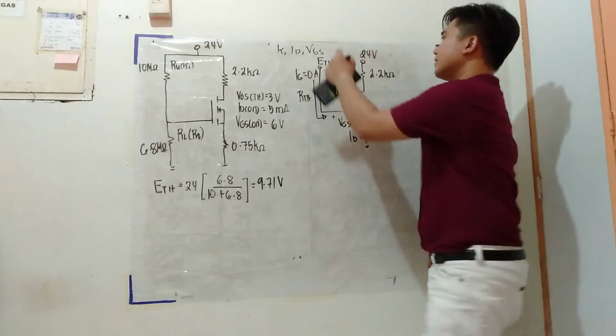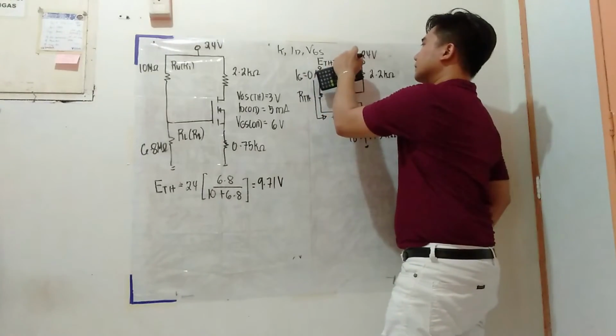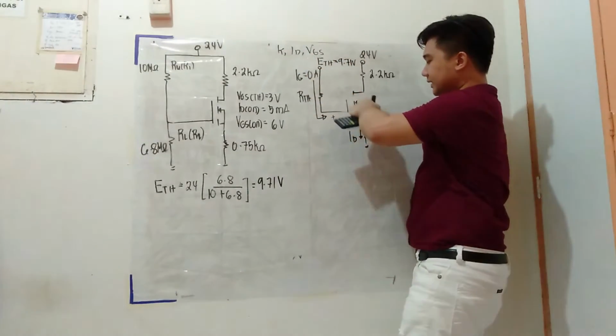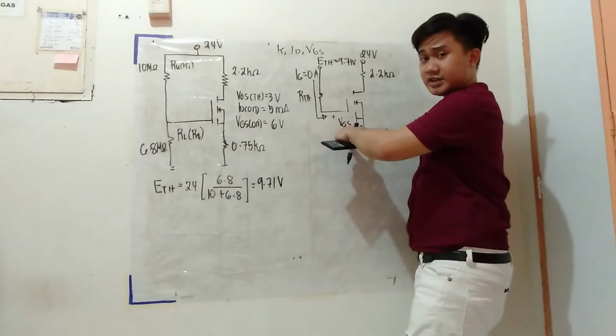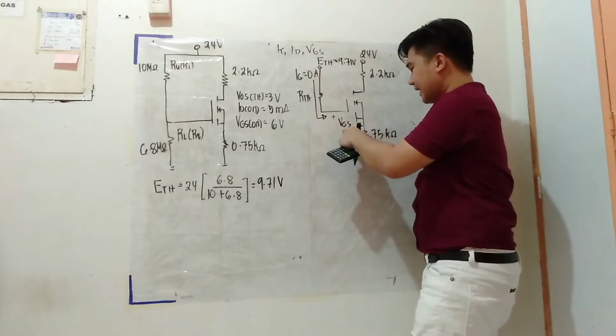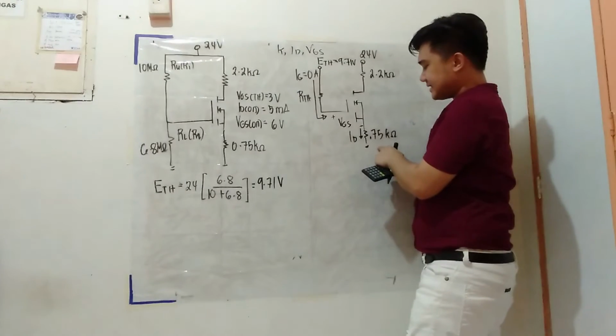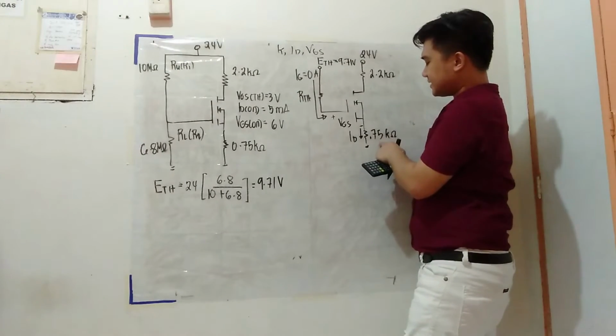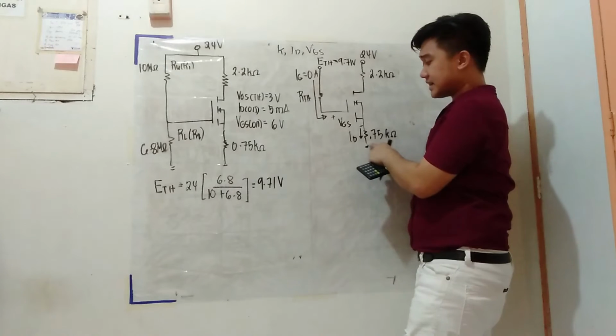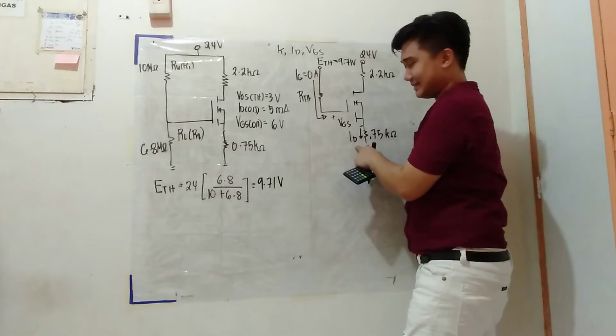And then, lagay ko na dito. And then, KVL lang ako papunta dito para makuha ko si VGS. Remember, ang dumadaan po dito kay 0.75 kilo ohms ay si ID. Okay?